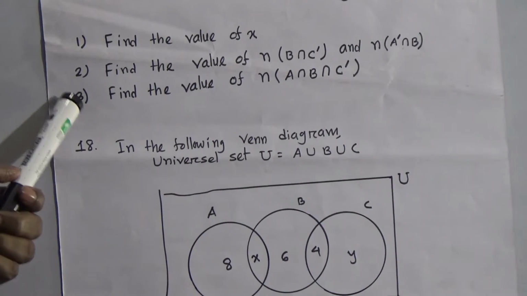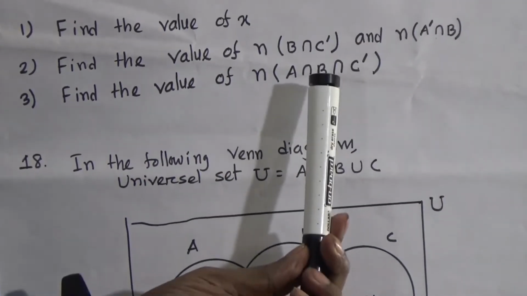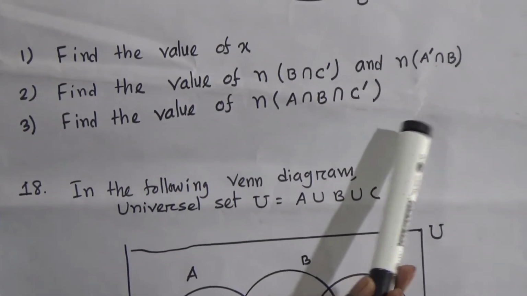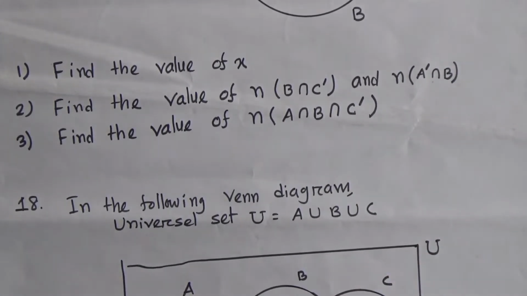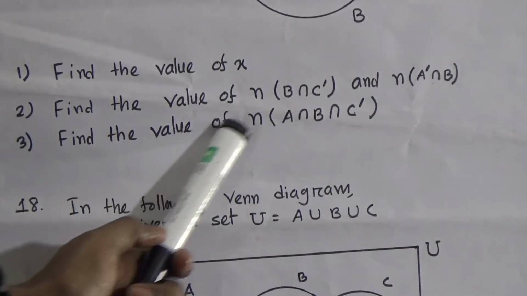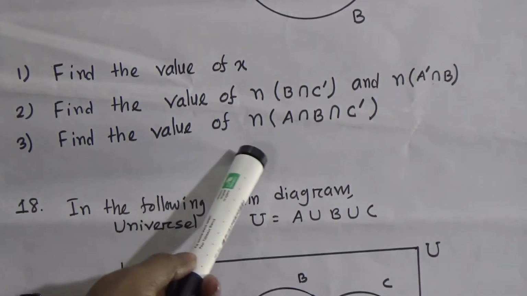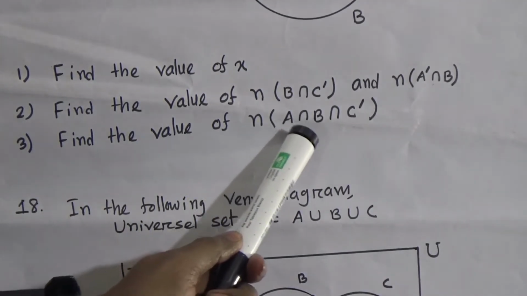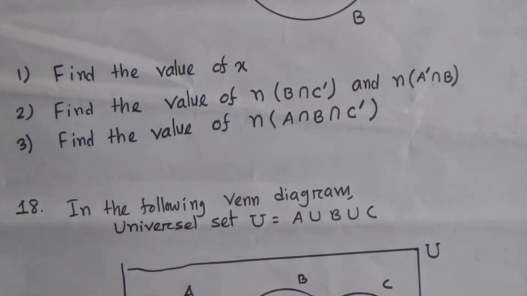Question 2: find the value of the number of B intersection C complement and the number of A complement intersection B. Question 3: find the value of the number of A intersection B intersection C complement.